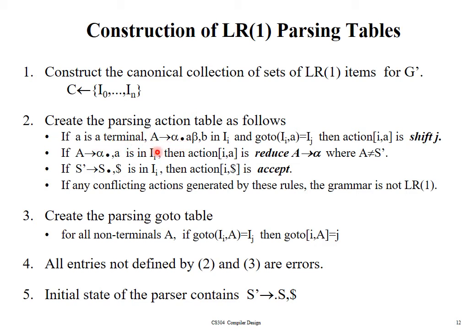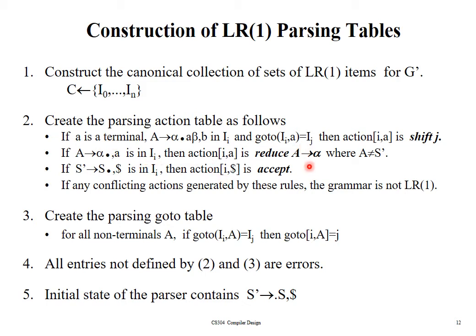But in the case of reduction, one thing you have to notice: in SLR we wrote the reduce operation by finding the follow of the non-terminal on the left hand side, where the item ends.